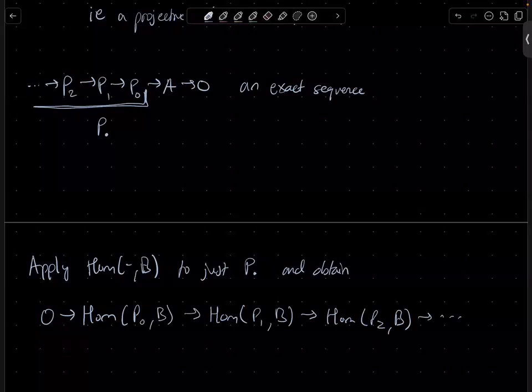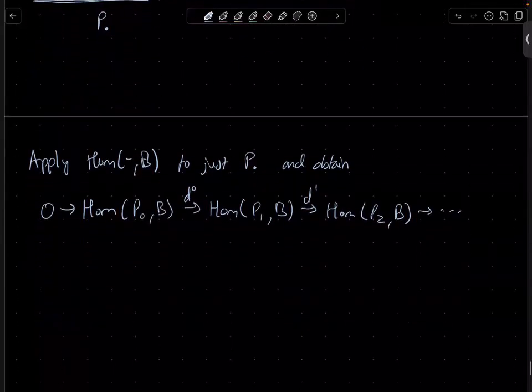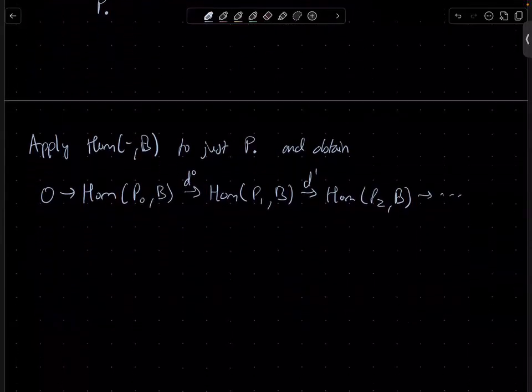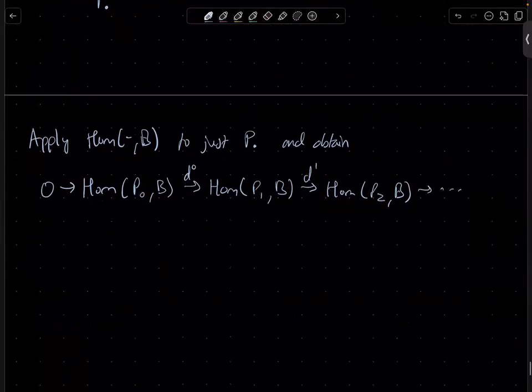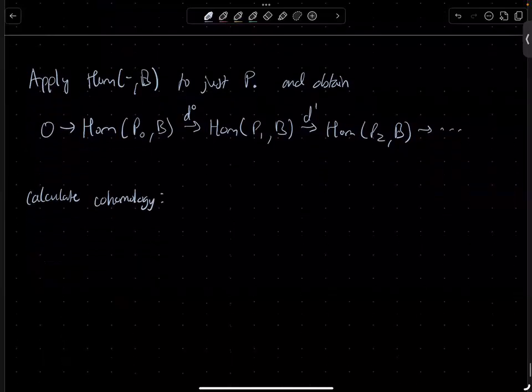And at this point, I'll label the maps now. This is now d0, d1. Now it's a cochain complex. Now it goes up because it is contravariant, right? So okay. And then like before, now it's possibly not exact. So now calculate cohomology. And what do we get?